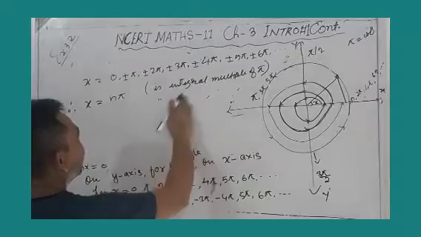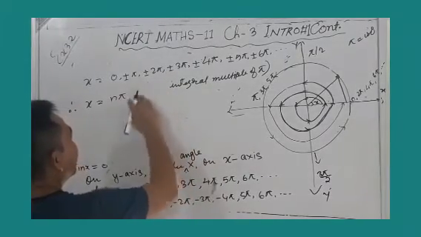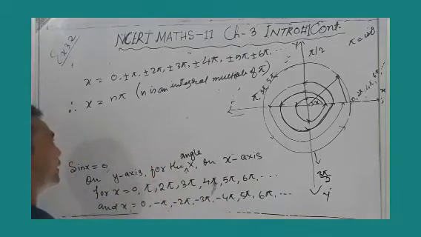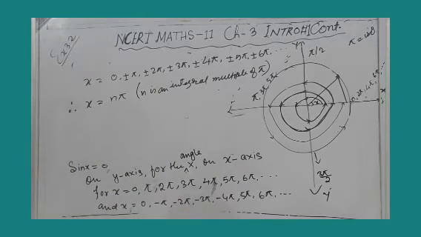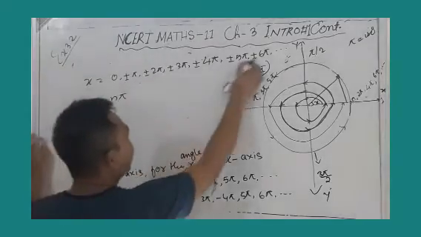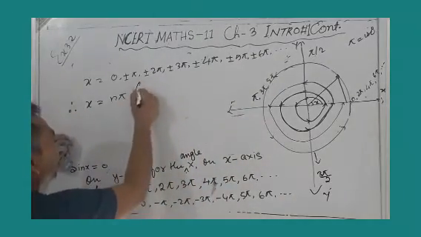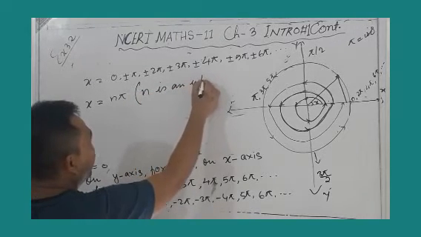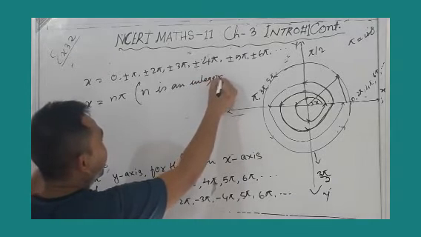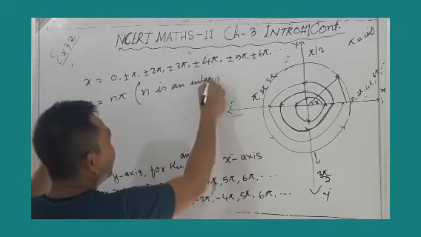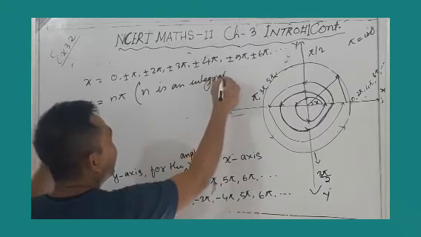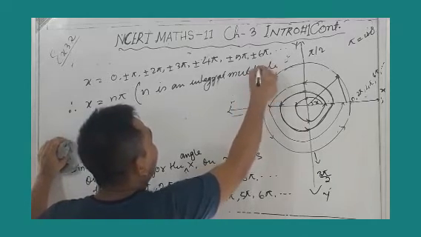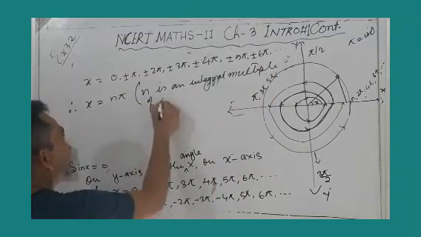You can write it like this also: n is an integral multiple of pi.